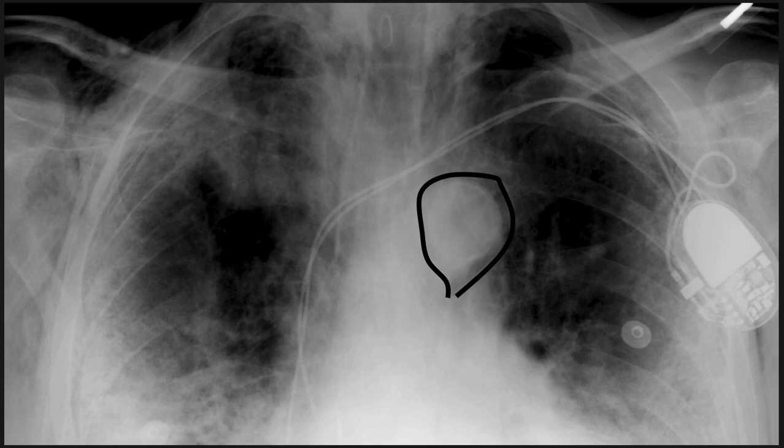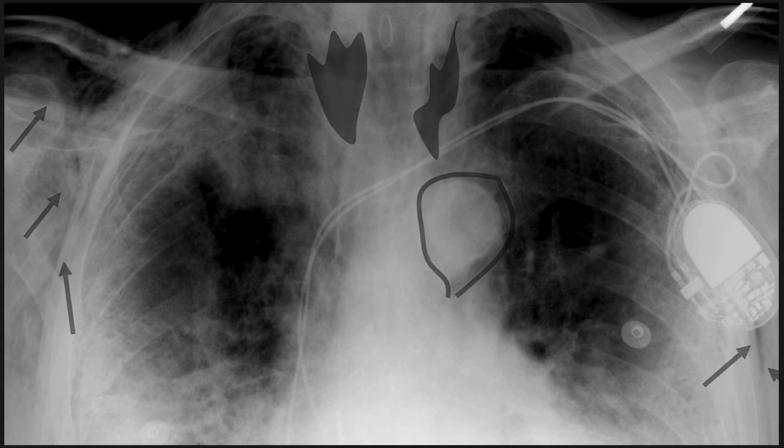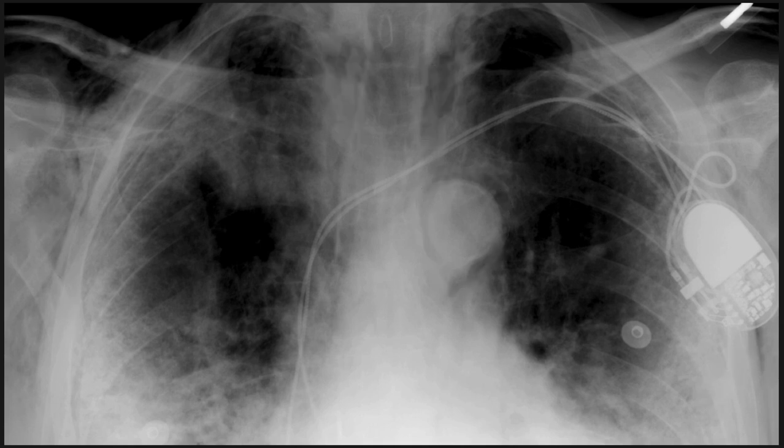In addition to this, we've got gas extending up in the superior mediastinum. There's also a large amount of subcutaneous gas here and here. So this is a good picture for extensive pneumomediastinum.